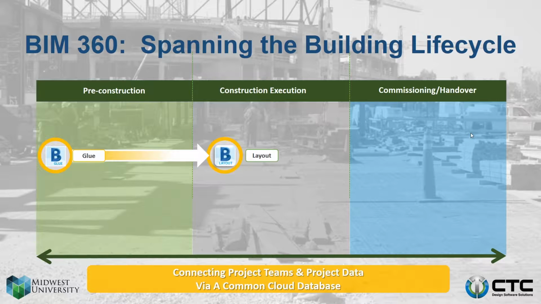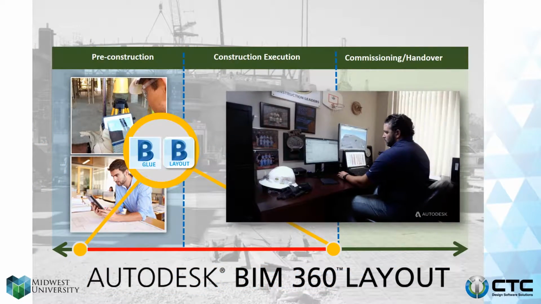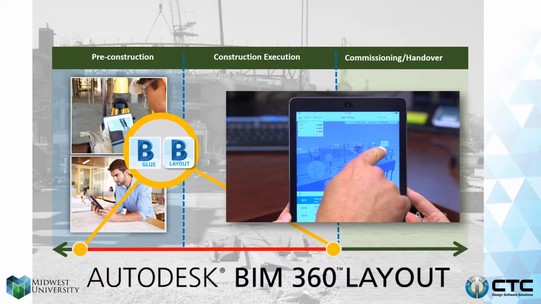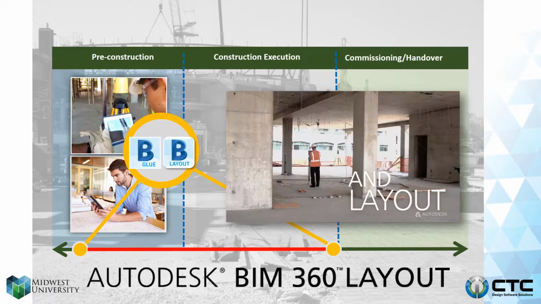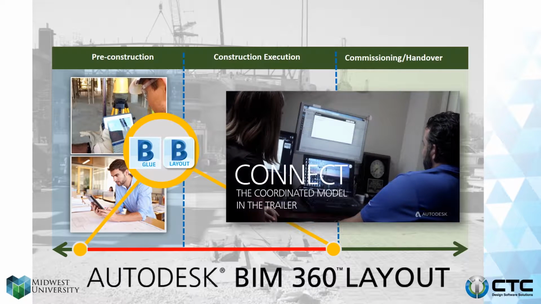Now, let's take a step forward. Let's move this into the construction phase. In the construction phase, the connection between BIM 360 Glue and being able to attach points and transfer those points to a total station allows us to translate that model that was hosted in an office and being used by probably one or two persons out to the field and actually build the project as it was meant to be.